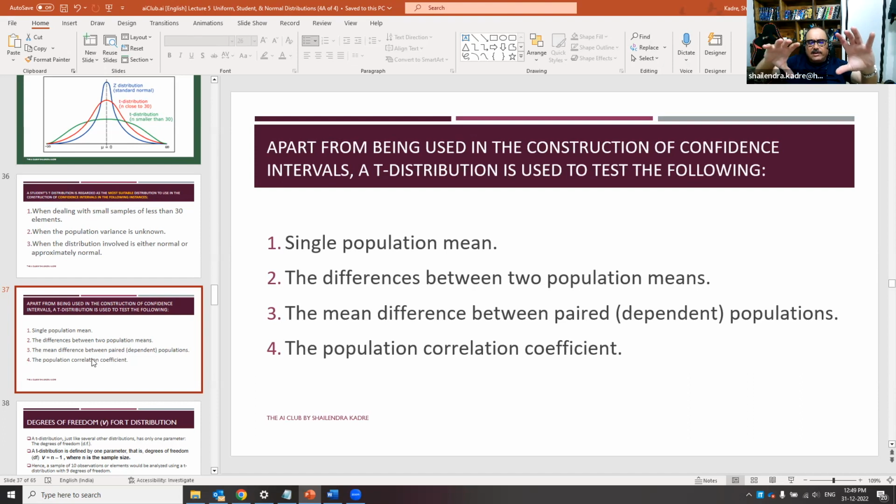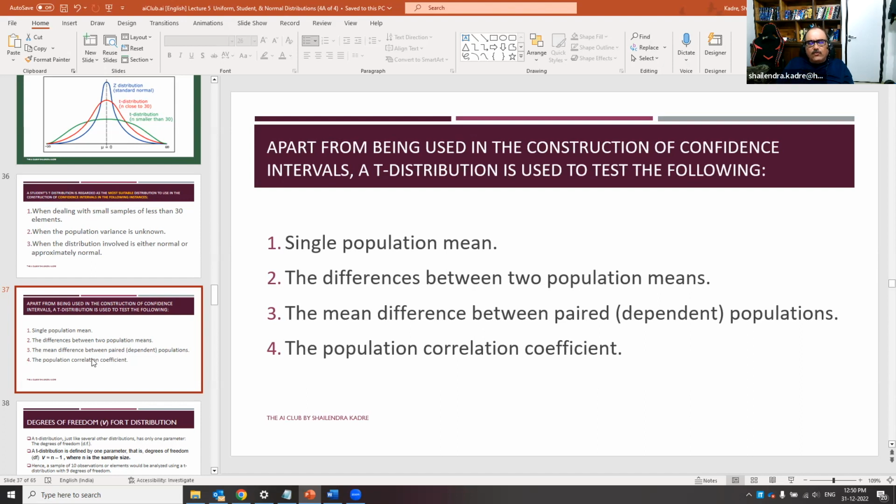Given that this person is an Indian, what is the probability of this person belonging to Karnataka? So first he is Indian, and then what is the probability of him belonging to Karnataka? If I take this kind of population, then their mean difference, the average of such populations which are dependent on each other, if you want to find their difference, then also we apply the t distribution. And the population correlation coefficient.